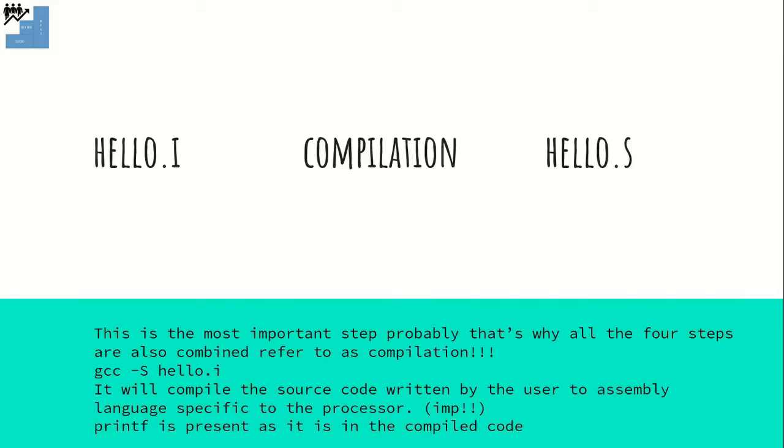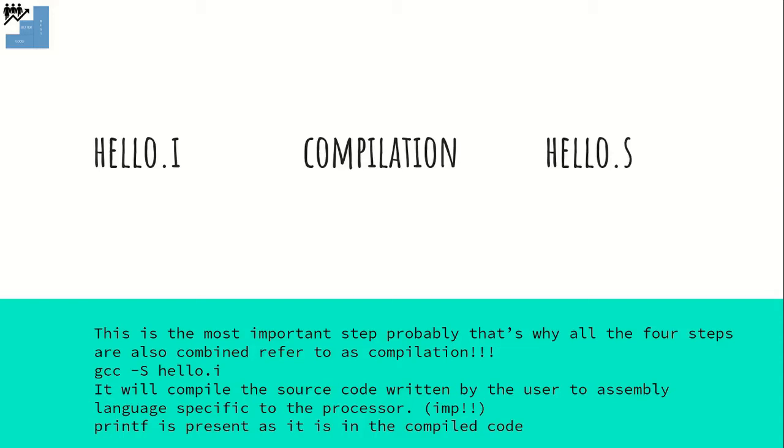This is the most important step, and probably that's why all the 4 steps combined, the preprocessor, compilation, assembly and linking, are also known as compilation in general terms. The command is gcc -S hello.i. It will compile the source code to assembly language, which is specific to the processor.